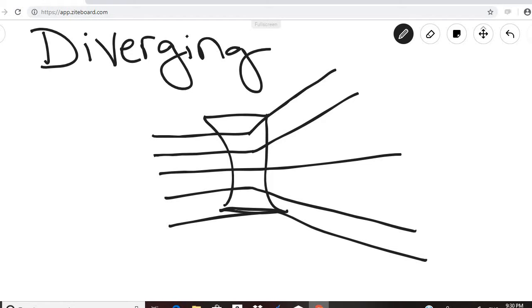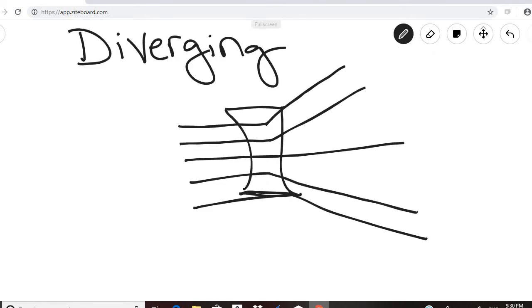Okay, so because of the way the curves are, any horizontal light beam, they'll bend away from each other when they enter the lens. And just like with the converging lenses, we can predict what an object will look like when it travels through a diverging lens.